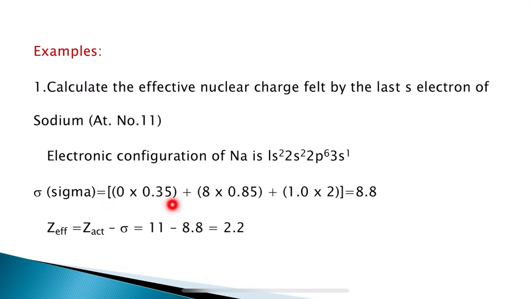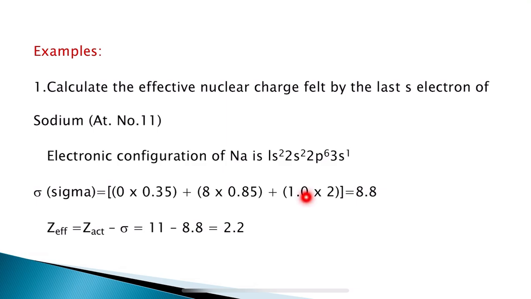So 0 into 0.35. Now let us move on to the next shell, that is 2s2 2p6. Here we have 6 plus 2, 8 electrons, and this is the n minus 1th shell, so this will contribute 0.85. Since there are 8 electrons present, 8 into 0.85. And this is the last one, 3s1, which is the only electron present in the outermost shell.